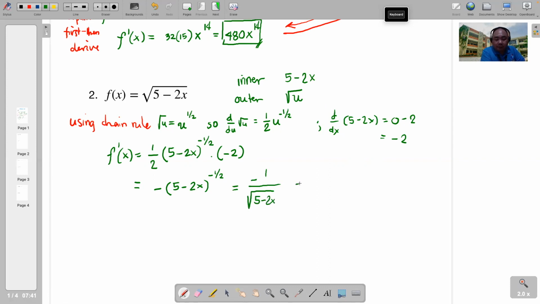Or if we do the rationalization, this must be negative square root of 5 minus 2x all over 5 minus 2x. And this is good. Of course, we can stop here.